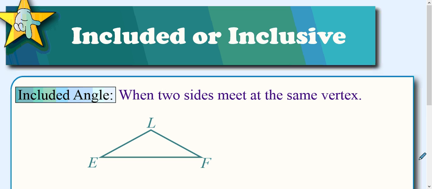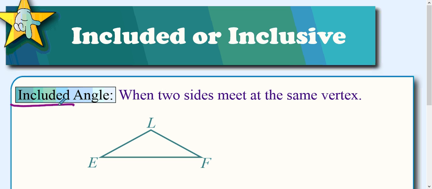So for the next piece that we're going to be talking about, we said we're going to learn side, side, side, and side angle side. You've got to know this word, the included angle. The included angle is the angle in between.